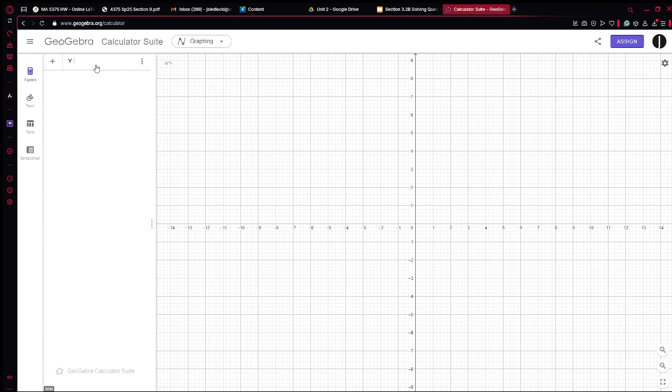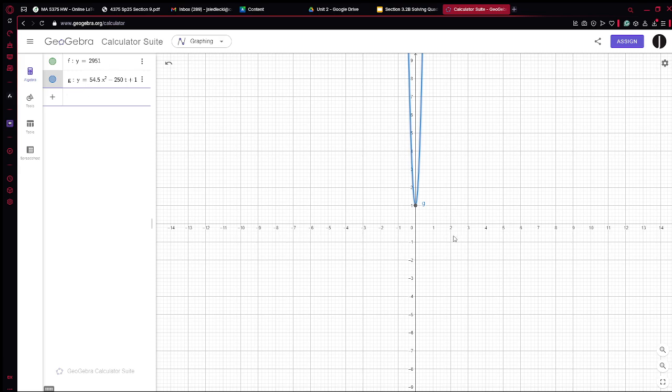So first I'll say y equals 2951, and then I'll say y equals 54.5 t squared minus 250t plus 1.